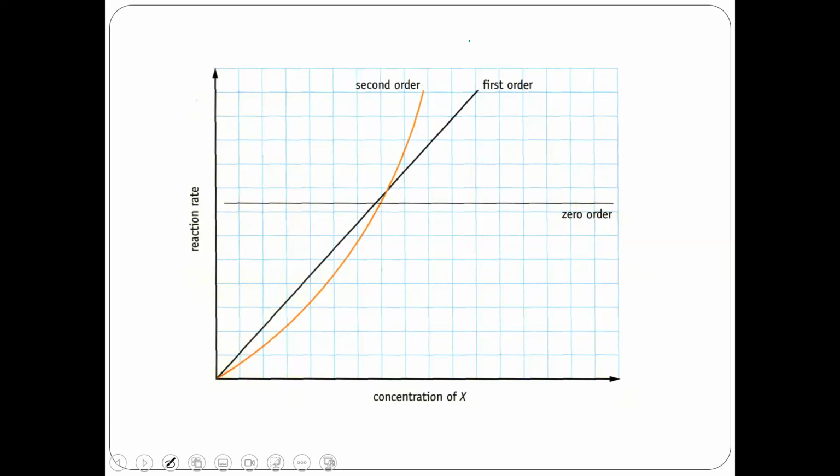Will plotting the graphs be in P4 or P5? No, actually, this is a good question. It is not necessary where they meet. They can meet anywhere. The main thing is that zero order is a horizontal line, first order is a straight sloping line, and second order is a curve.